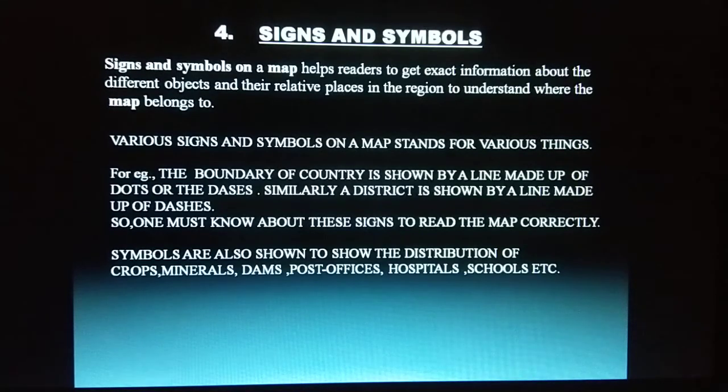For example, the boundary of a country is shown by a line made up of dots or dashes. Similarly, a district is shown by a line made up of dashes. So, one must know about these signs to read the map correctly. Symbols are also used to show the distribution of crops, minerals, dam, post office, hospitals, school, etc.